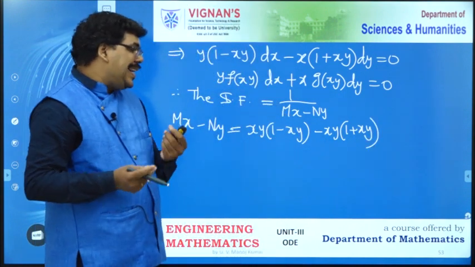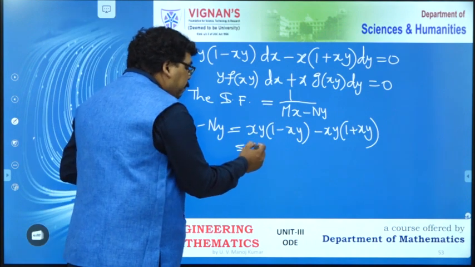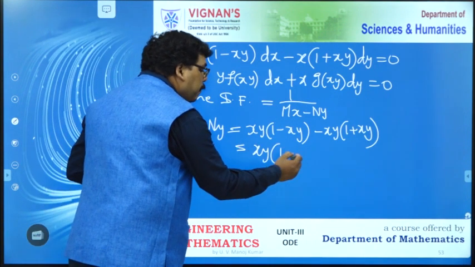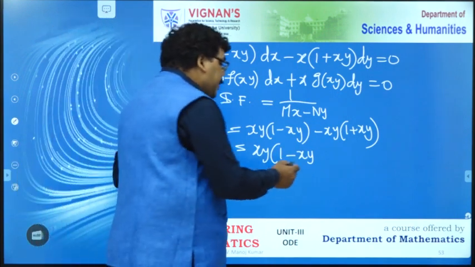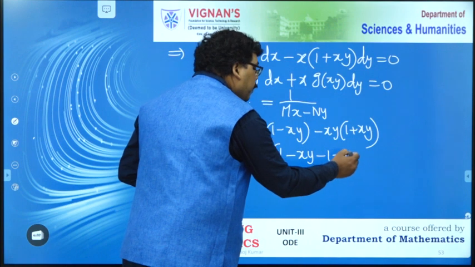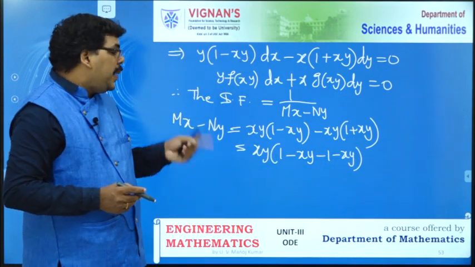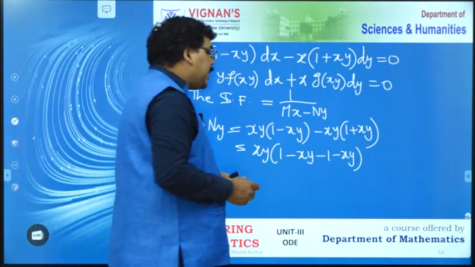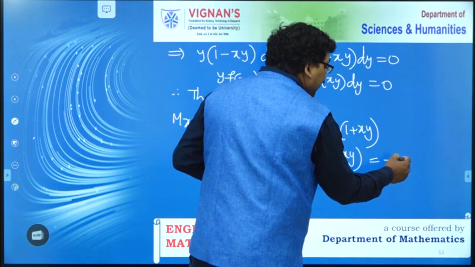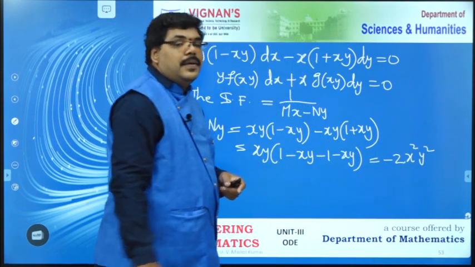If you take xy common, (1 minus xy) minus (1 plus xy). So plus 1 minus 1 cancels, minus xy minus xy becomes minus 2xy multiplied with xy. So finally minus 2 x square y square.